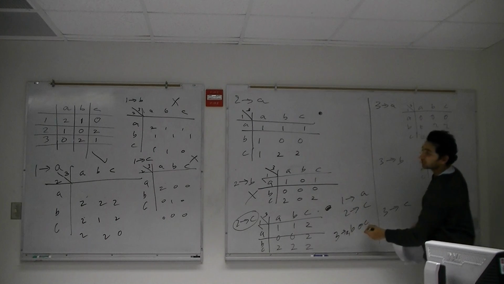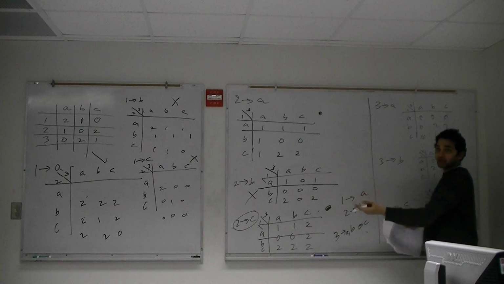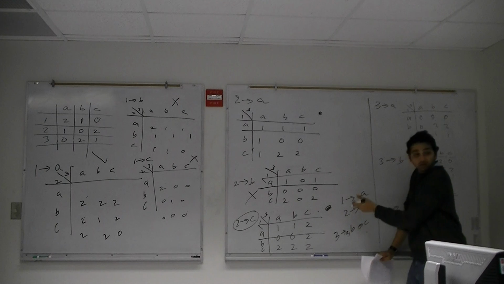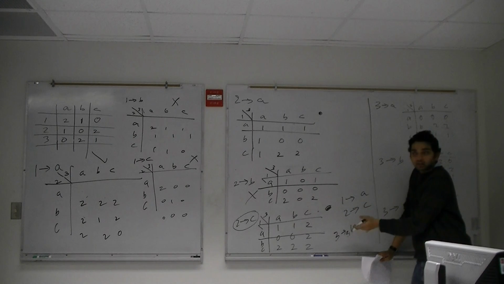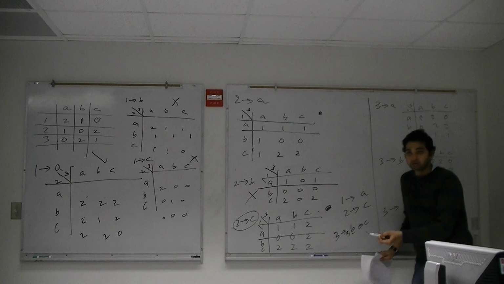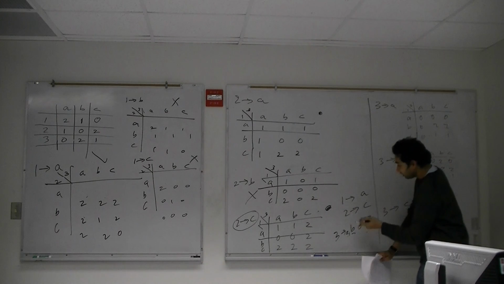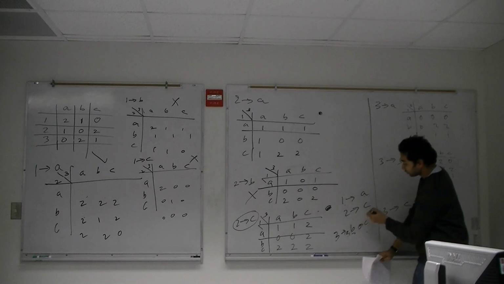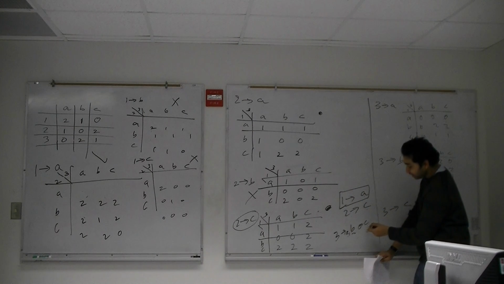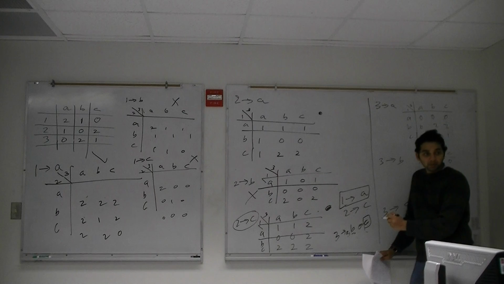He prefers C to A. If he picks A, he knows A is going to win in this case. He cannot pick B either, because if he picks B, then 1 goes to A, 2 goes to C, 3 goes to B, and again A wins. But he prefers C to A, so he also picks C in this case. So the eventual winner would be C here.